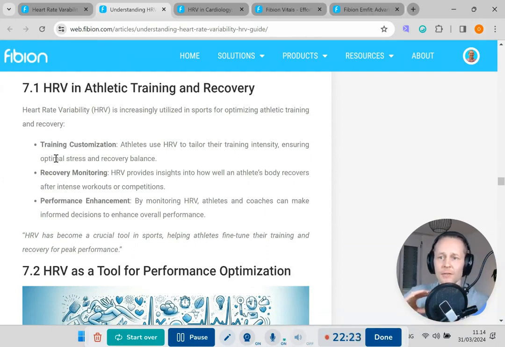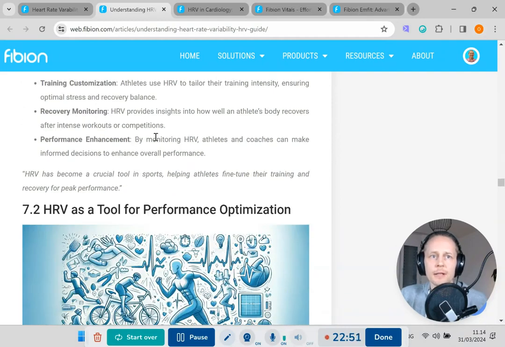And when it kind of gets back to normal, you can again do the hard training session. So you can use it to optimize it. It takes some practice, but you can at least see that now it's not yet the time to do the hard training session if the variables look very bad from the previous night.